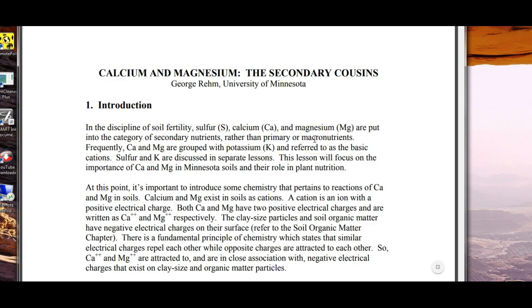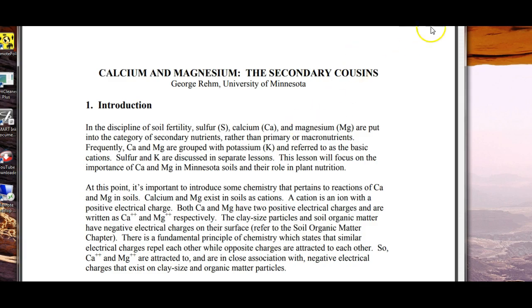They aren't primary like N, P, and K. But a lot of times, because of the charge, the Ca2+ and the Mg2+ are grouped with potassium, which is a 1+, and they're referred to as our basic cations in the soil solution. So usually sulfur and potassium are discussed in separate lessons, and we strictly stick with calcium and magnesium.